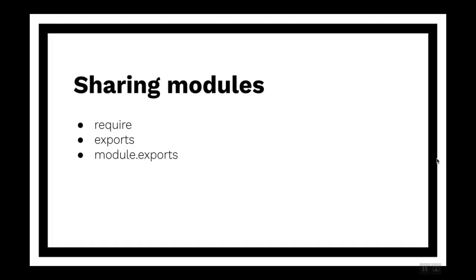There's no point in creating isolated modules, right? In order to use this again in the code, we'll be using require, exports and module.exports. So say we write the module that handles all the arithmetic operations, then we need to make that module public and export it. And module.exports is a great way of exporting its functionality.